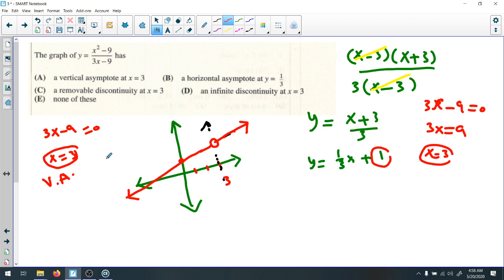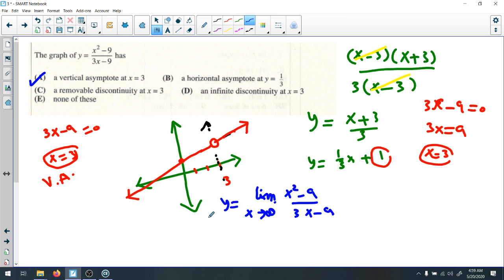Now, horizontal asymptote: how to find the horizontal asymptote of a rational function? Try to mark it down in your notes. So choice A is correct. To find horizontal asymptotes, we take the limit of the function when x approaches infinity.